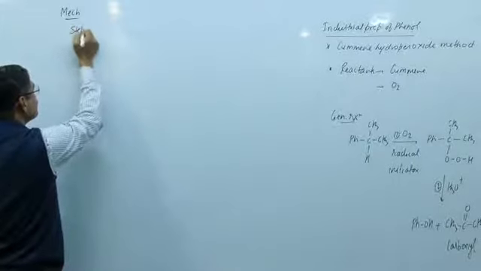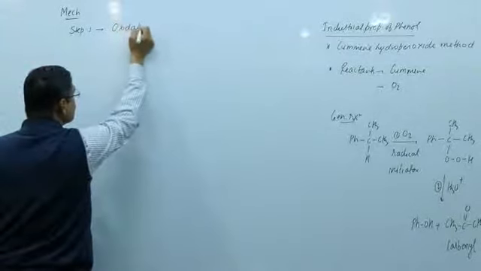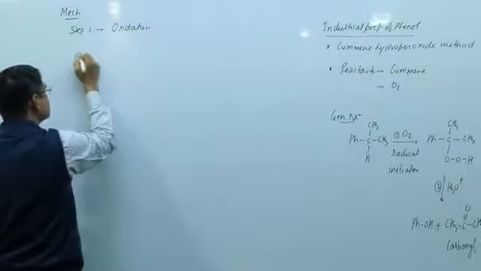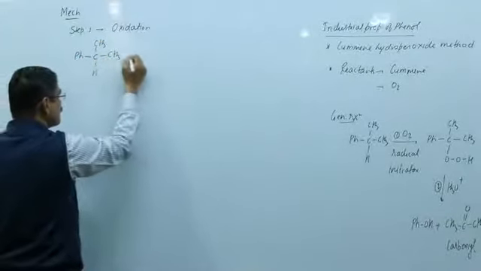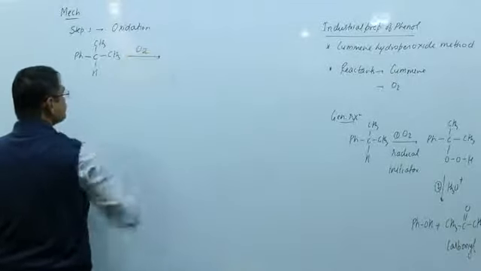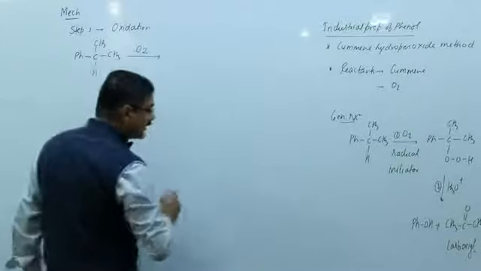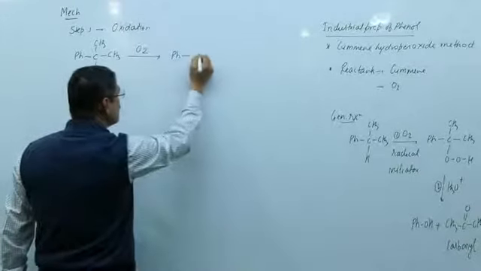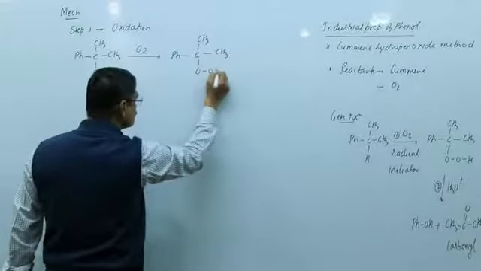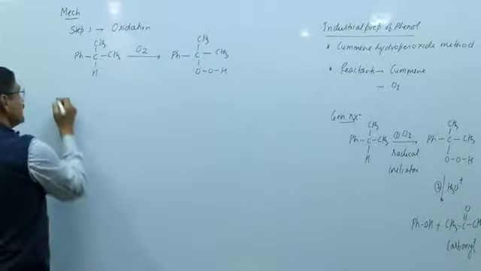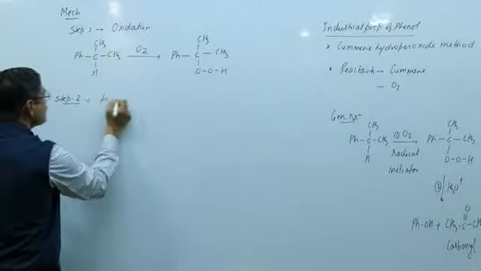Step 1, oxidation. So cumene is oxidized in presence of air with radical initiator into cumene hydroperoxide. Now step 2, hydrolysis.